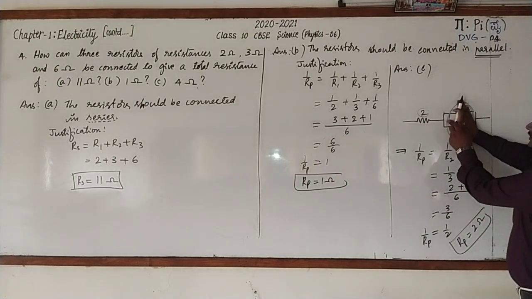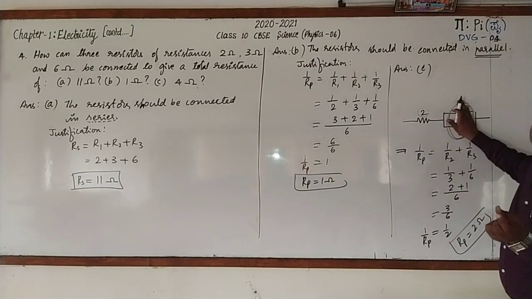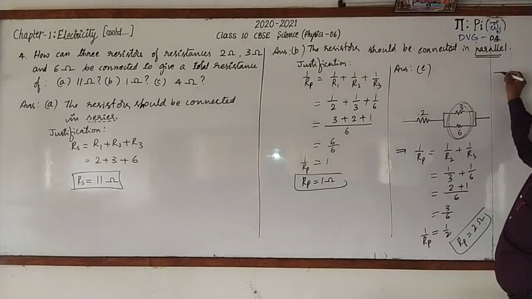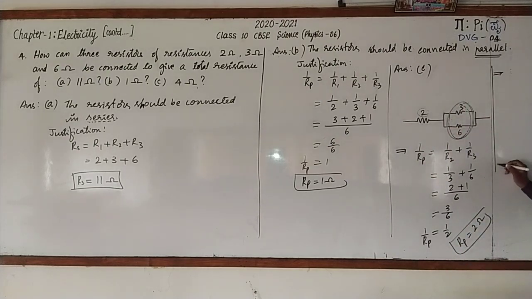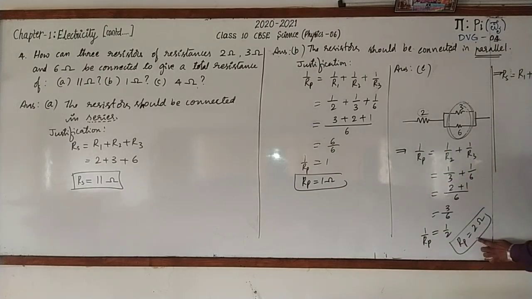And see that this and this 2 ohm, how these are connected? They are connected in series. If they are connected in series, then we can go for using the formula. Rs is equal to, this is R1 plus this Rp. What is R1? 2 ohm. Rp? 2 ohm. It is 4 ohm.